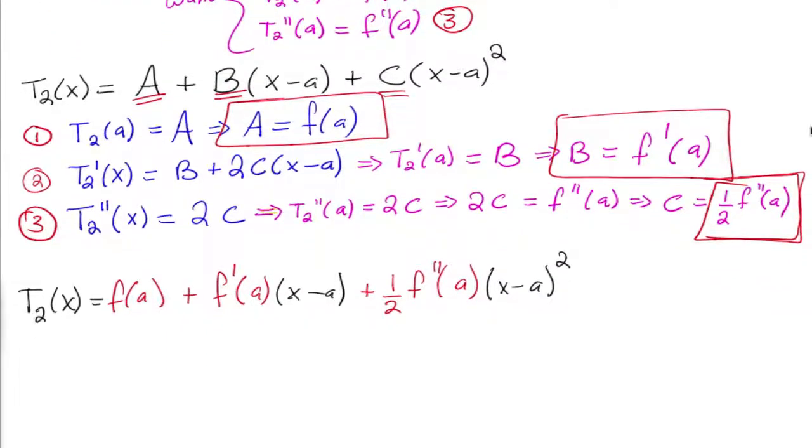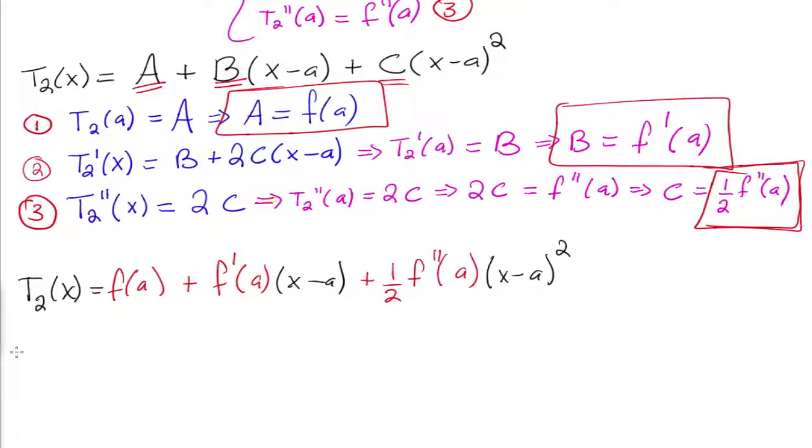So if I ask you, let's say I want to find T, the third degree. I know that the beginning is going to be exactly the same, right? Would you guys be able to tell me the next term, what it looks like? It's probably going to have a, what kind of derivative?